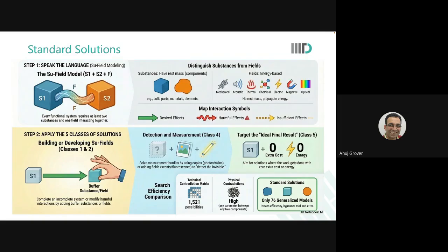Okay. So, there are 5 categories, substance, field, that is one thing. But what is the importance of standard solutions? Why are they important in the first place? But what is this concept of standard solutions?